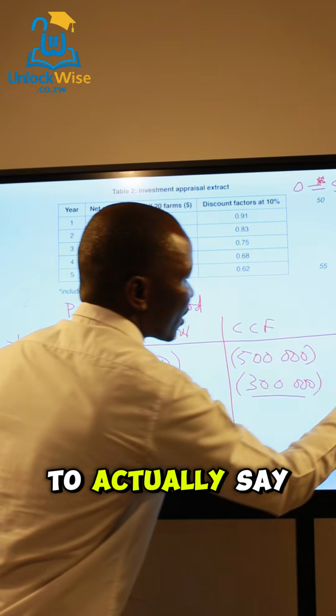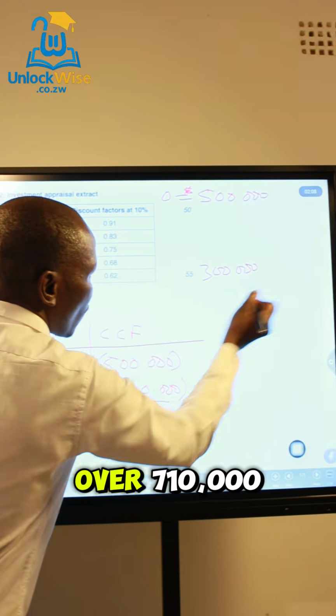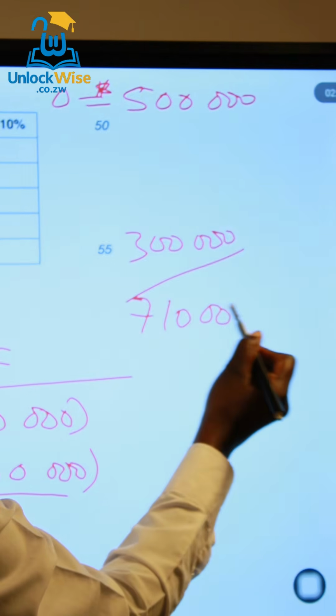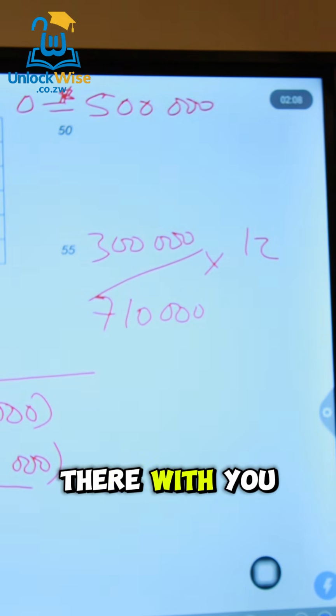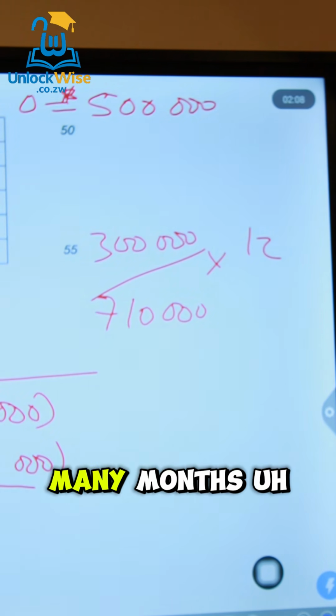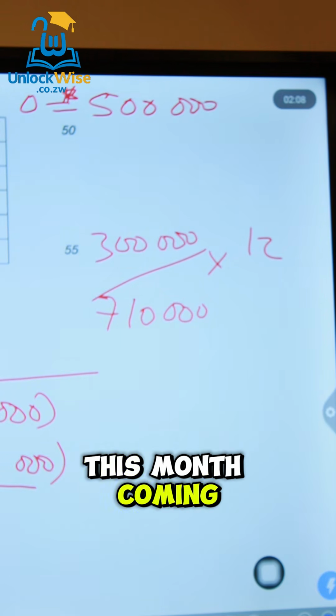So 300,000 over 710,000 times 12. If you have your calculator with you, you can calculate how many months we are expecting for this money to come back.